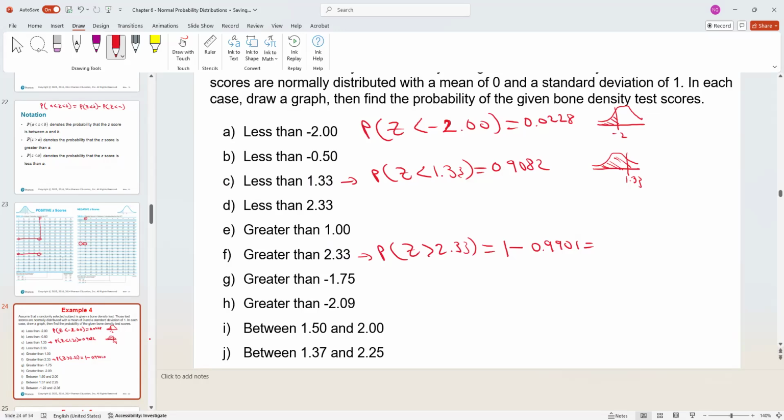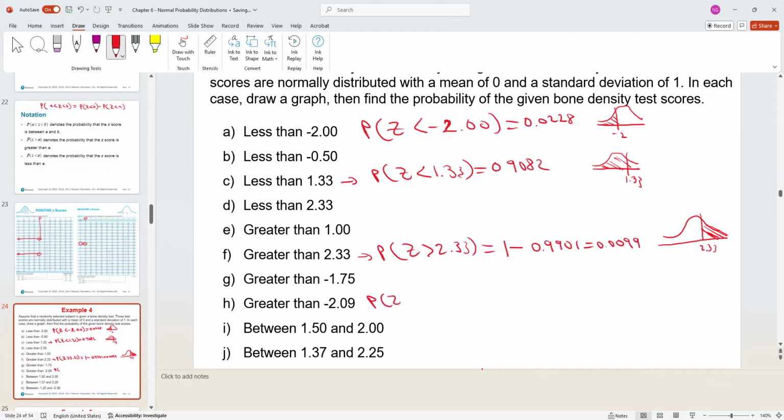When you subtract from 1, I have my calculator with me, it is 0.0099. So for us, we were on the right, so we were here, 2.33, on the right.